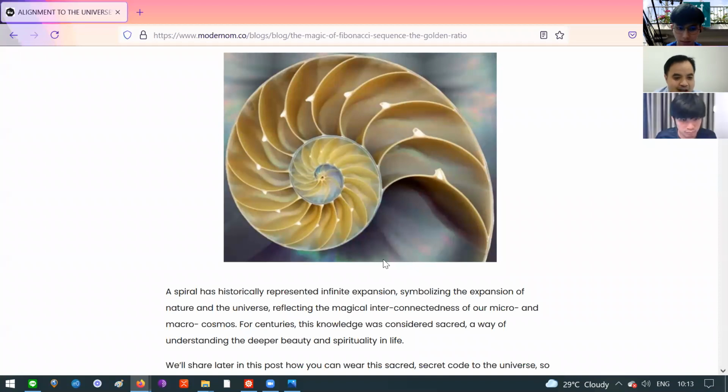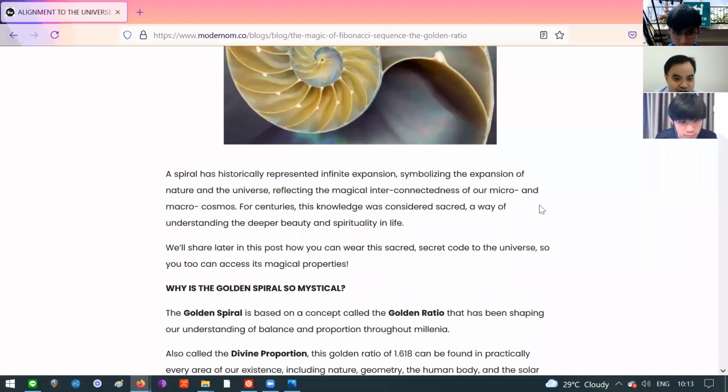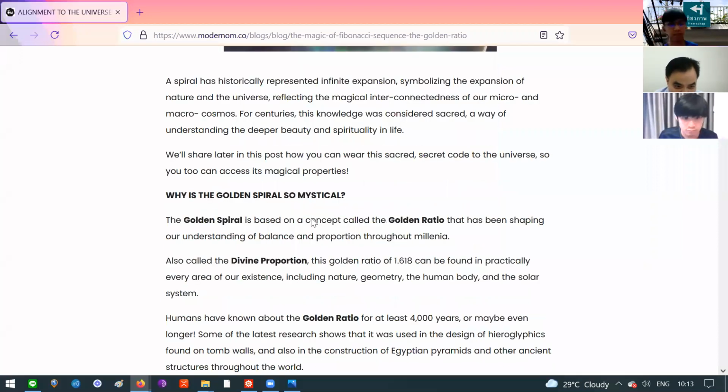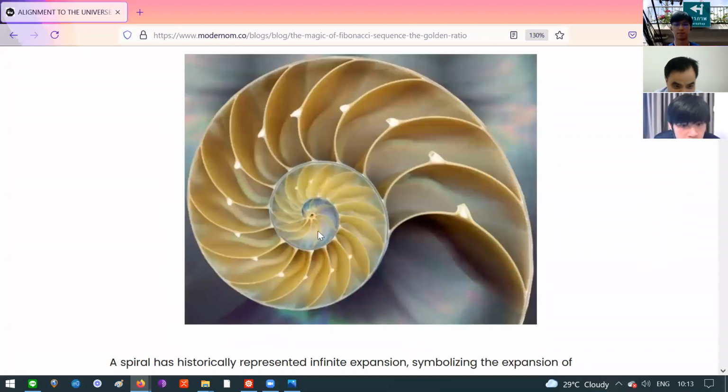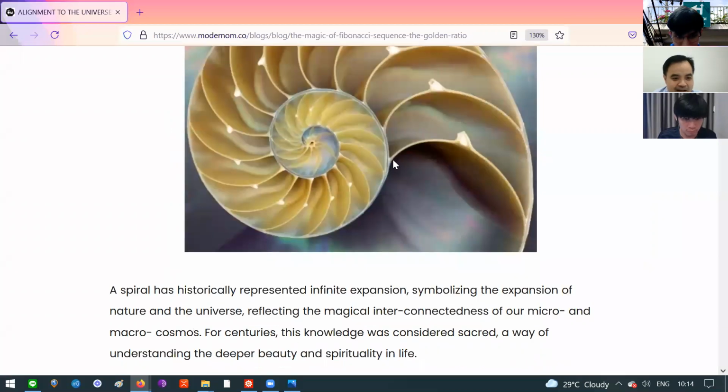That's why if you go down to the geometry of a shell, you would see that the ratio between subsequent sections is determined by this pairwise addition of the last 2 terms, and it gets bigger and bigger in that ratio.